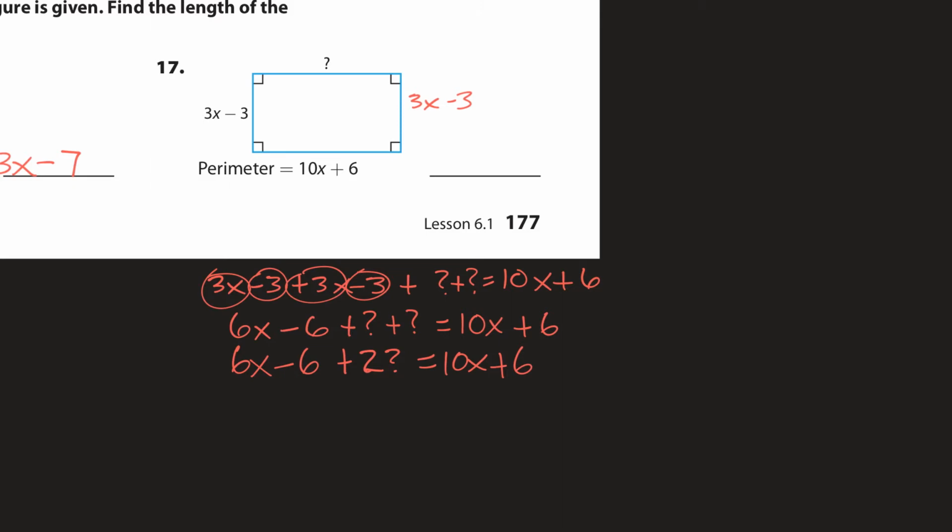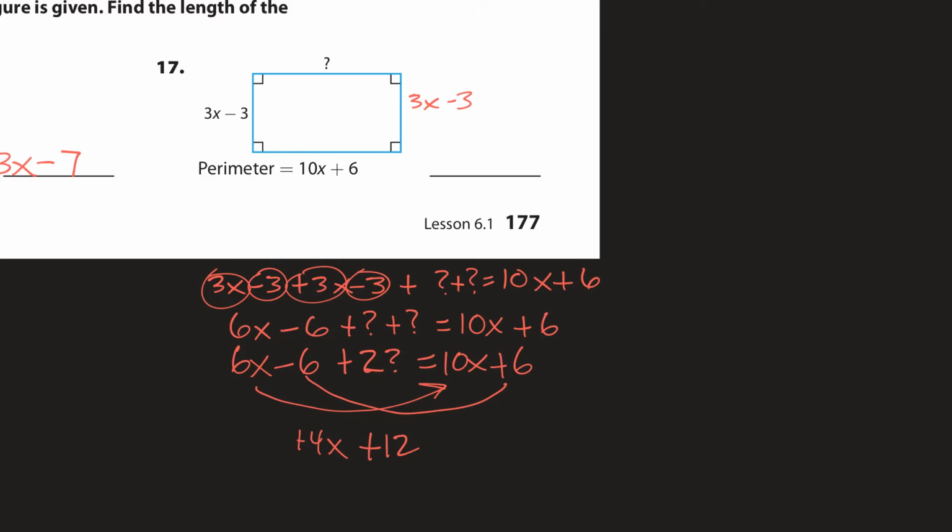I'm trying to think of what I have to do here to get from the left side. As I go from here to here, it looks like I need to add 4 x's. And as I go from negative 6 to positive 6, that's a positive 12. I went from 6x to 10x.